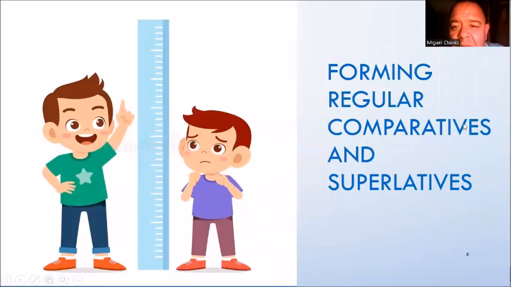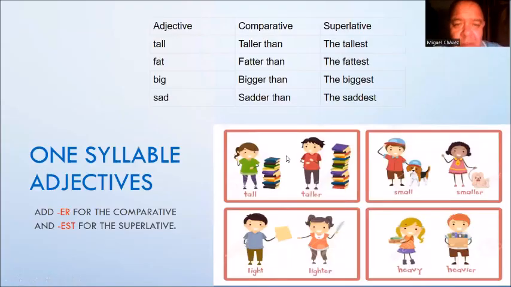How are we going to form the regular comparatives and superlatives? We are going to check these rules. If we have an adjective of one syllable, tall, fat, big, sad, we are going to double the last letter before adding er, that is the comparative, and then the word than.